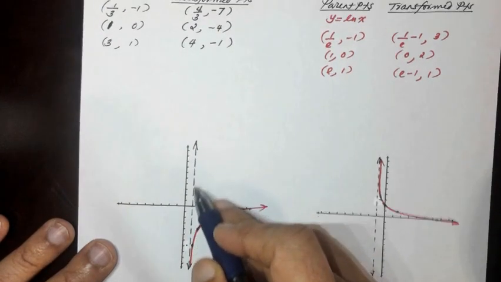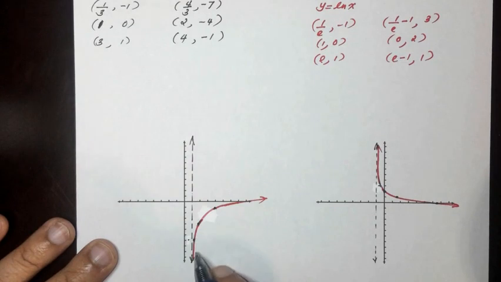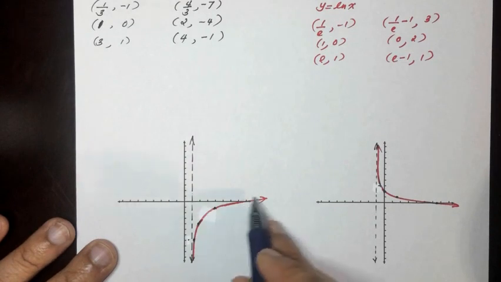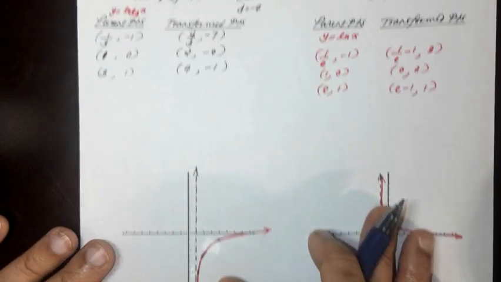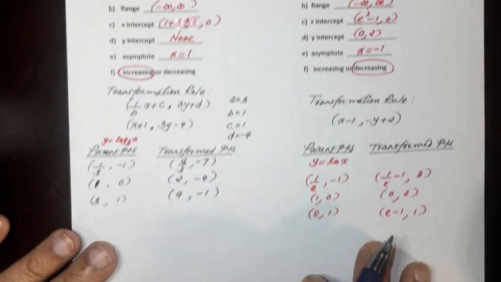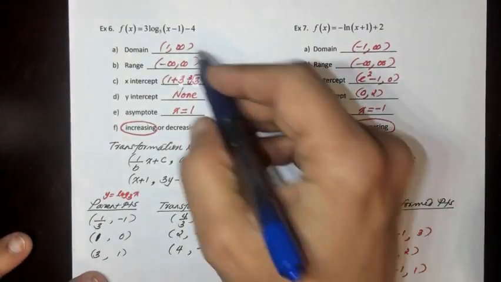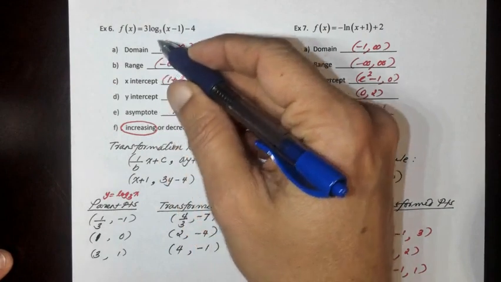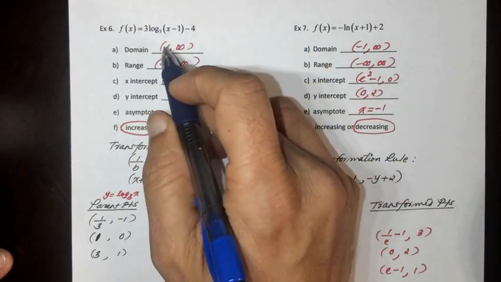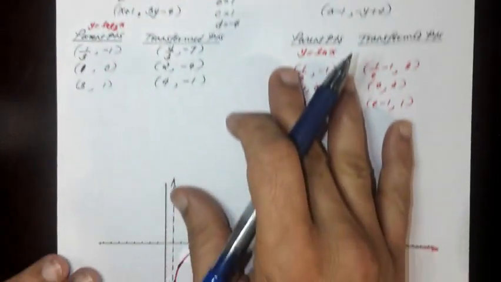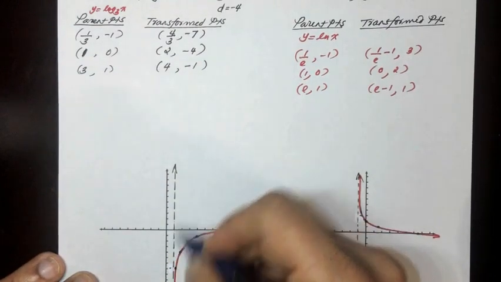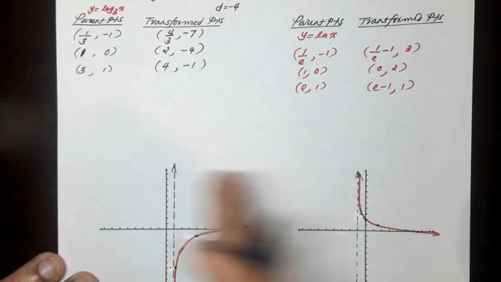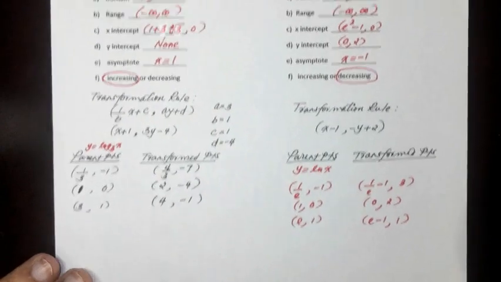You know the vertical asymptote is right here, x equals 1. These are the points plotted, and this is going to be our log function for the given function. Quickly going through the attributes: the domain is (1, infinity), because the vertical asymptote is at 1, so anything to the right of that asymptote is the domain.